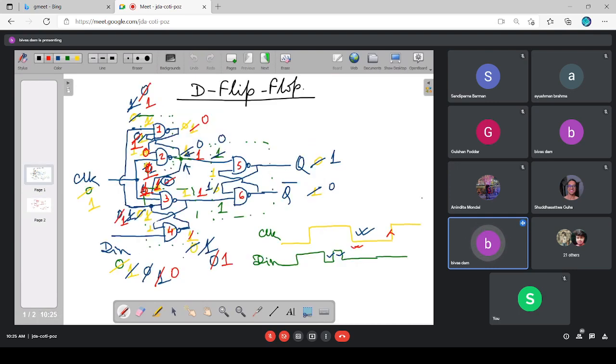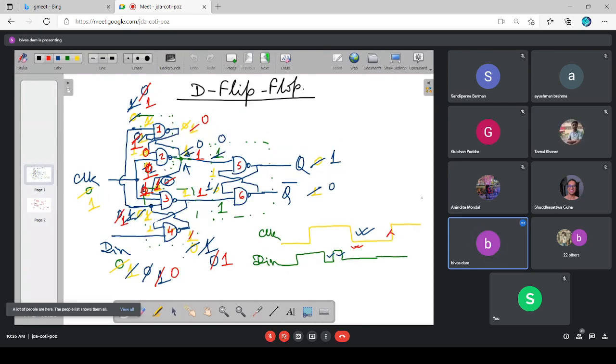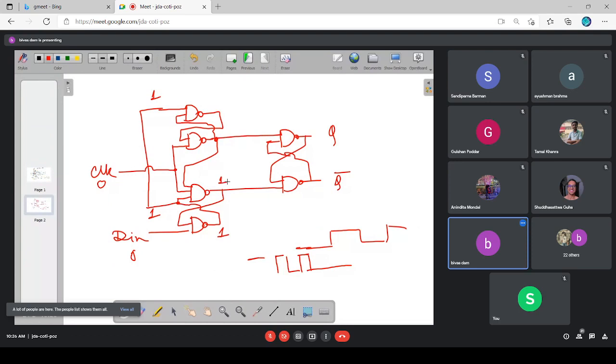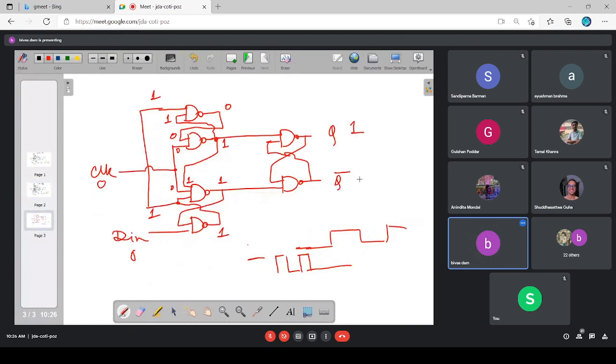So what happened to the outputs? This 4 was 1. Then 3 was already 1. So that was the situation. And what about the output? Output is 1. Okay, prior to the arrival of the clock rising edge, this was the situation.